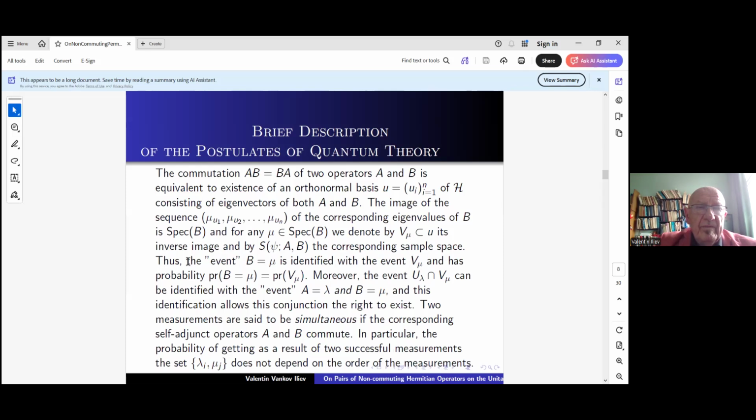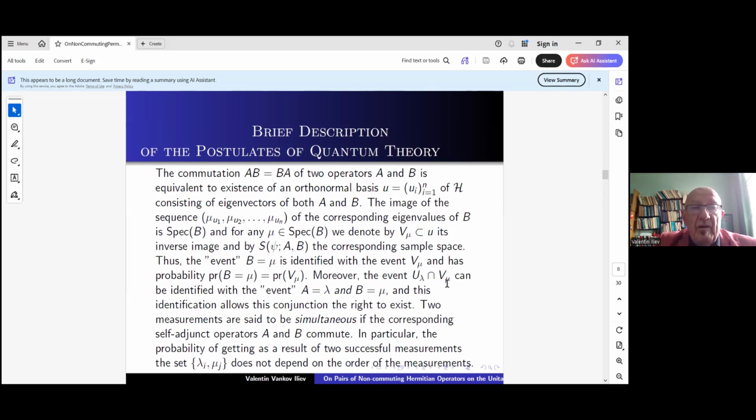And by S psi AB, we denote the corresponding sample space. So the event B equals mu can be called an event because we identify it with V mu. And in the same way, the probability of B equals mu is the probability of V mu.